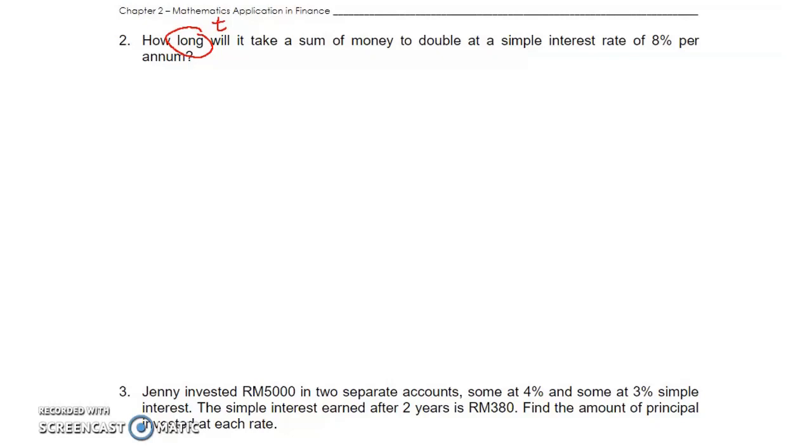So in general, we just write P equals P. Here, a sum of money to double means that we can write S equals 2P. For example, if you invest 1,000, to double means that S equals 2,000. How do we get 2,000? 2 multiplied by 1000.